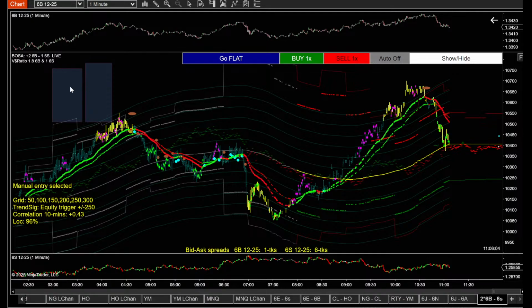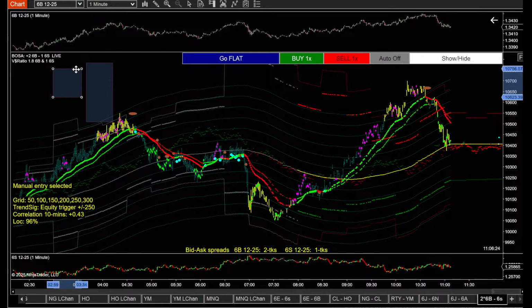So each time three ticks move on the minor instrument, it wants to equate to roughly one tick movement in the larger instrument. So what we do is we multiply them in order to equate them. It turns out that the 6B has about half the volatility in dollar value from high to low of the 6S.